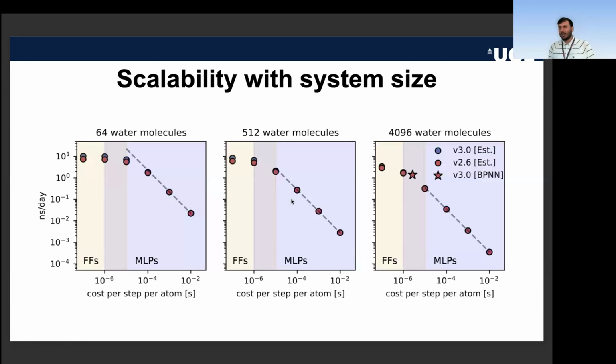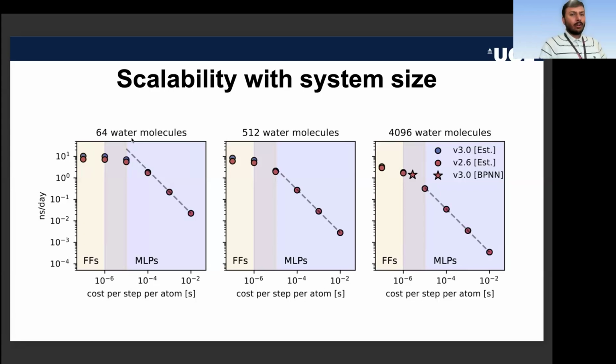So I can also give you some numbers here. For instance, water is a fairly useful benchmark system. And here is again a similar figure where I'm looking at on the x-axis the cost of one MD step, which is a total energy and force evaluation per atom. Force fields are in this category and MLIPs are somewhere around here.